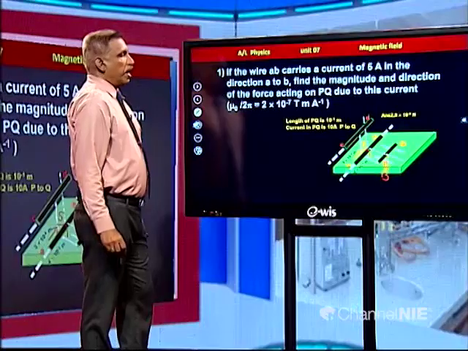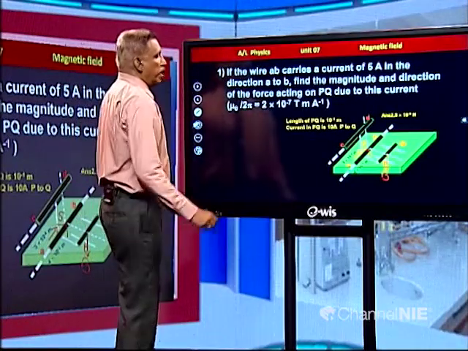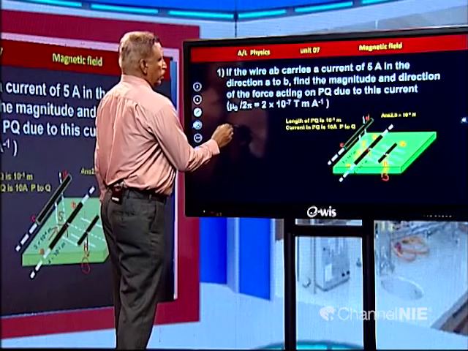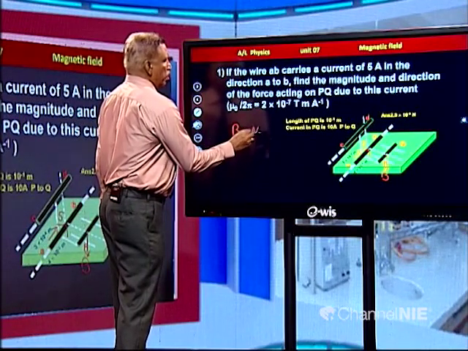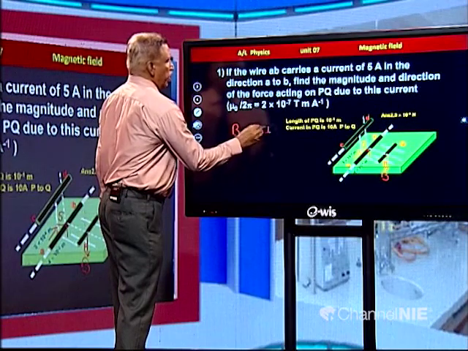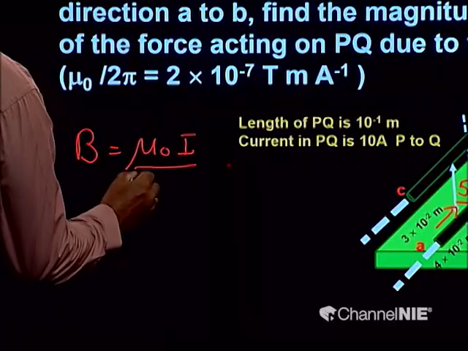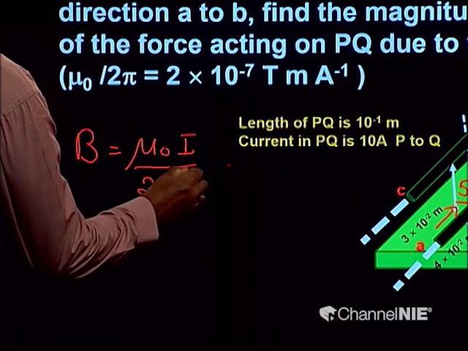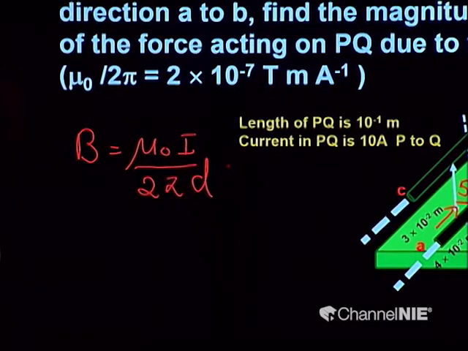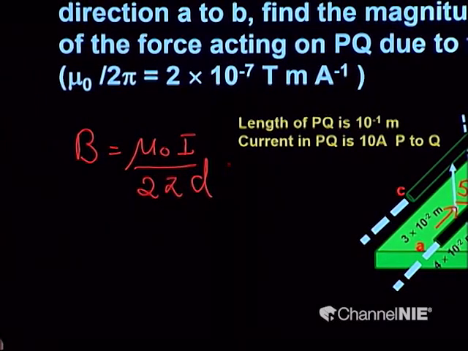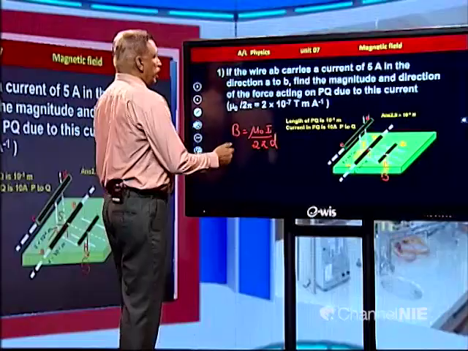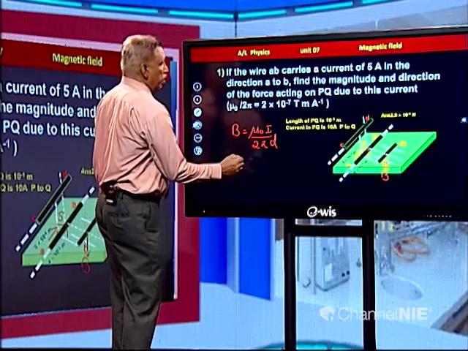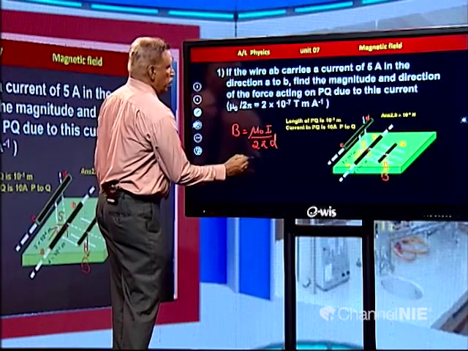Okay. So, we can write this magnetic field B is equal to mu naught I over 2 pi d. This is the equation for the magnetic field. Already they give mu naught over 2 pi is equal to 2 into 10 to the power minus 7.